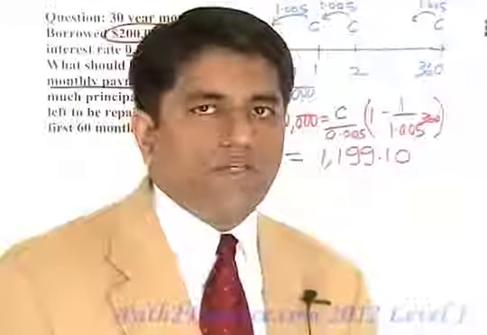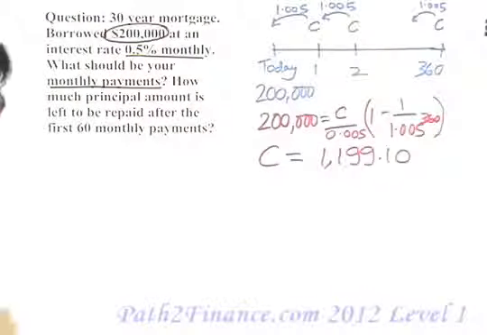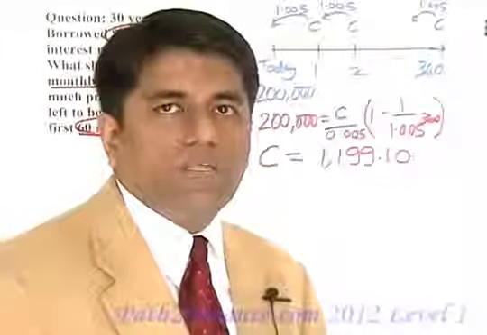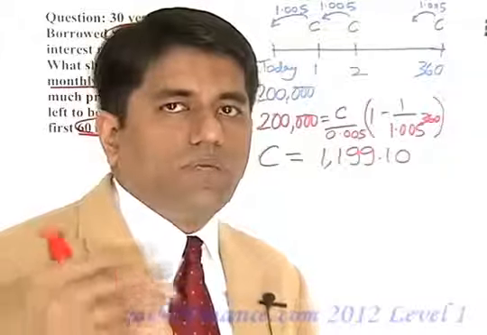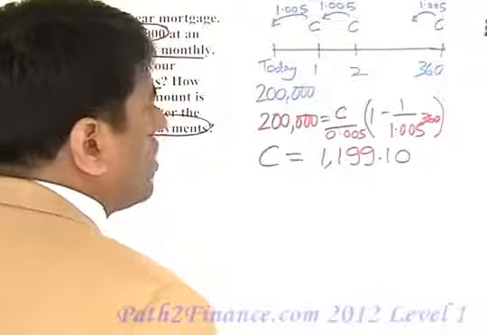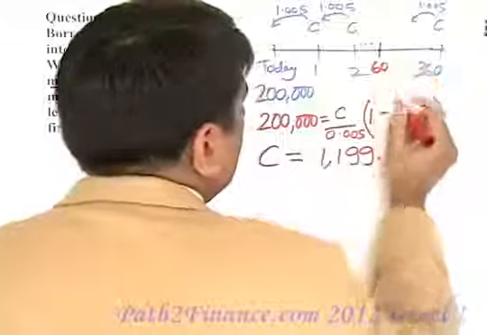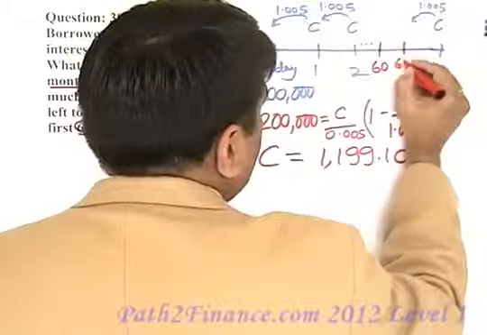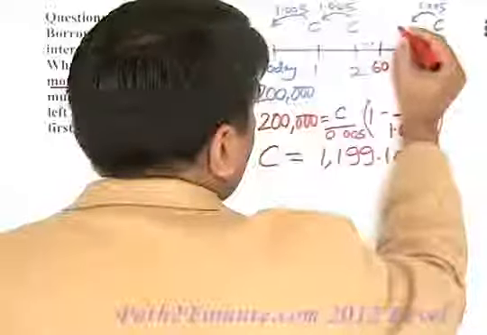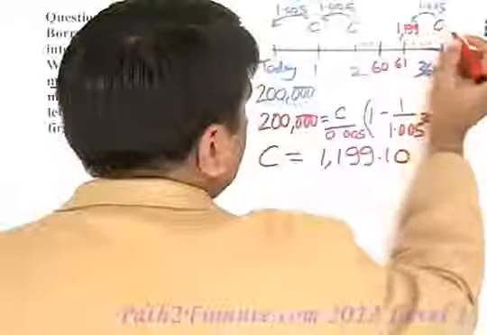The second part of the question asks that if prepayment is done after 60 months, then how much of the principal remains to be paid? So what has to be the prepayment? So what we have is a situation where at the 60th month, the borrower wishes to get out of the remaining payments of 1,199.10.